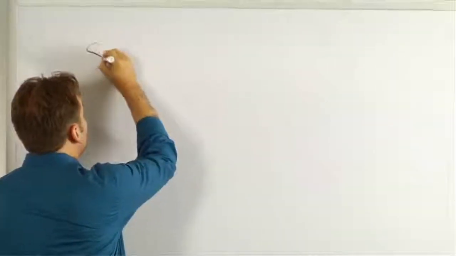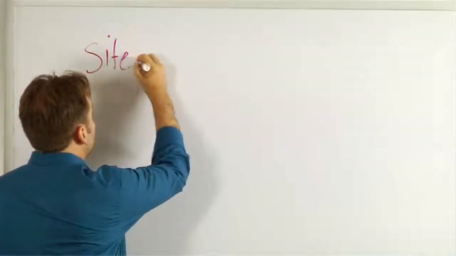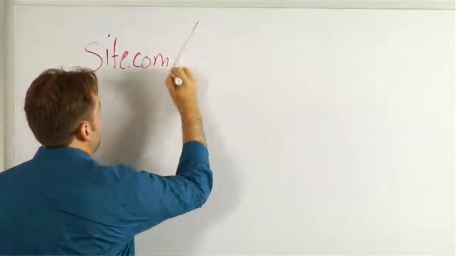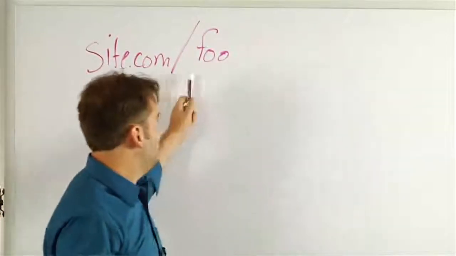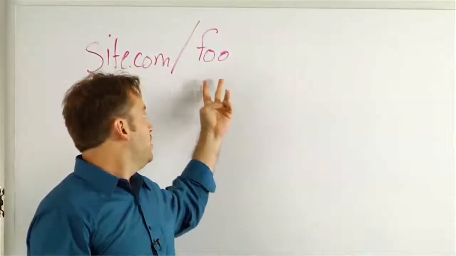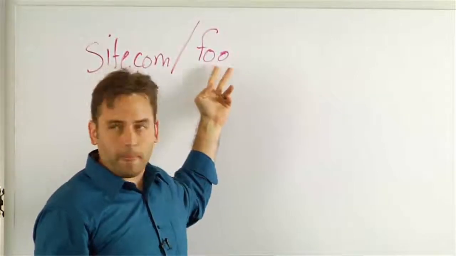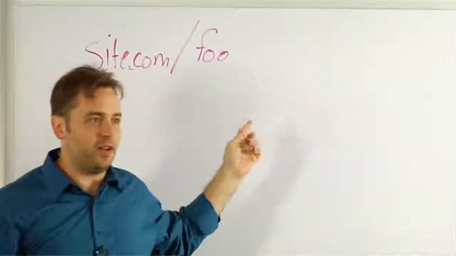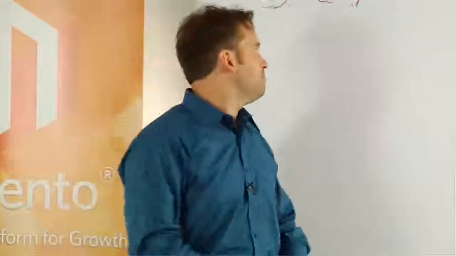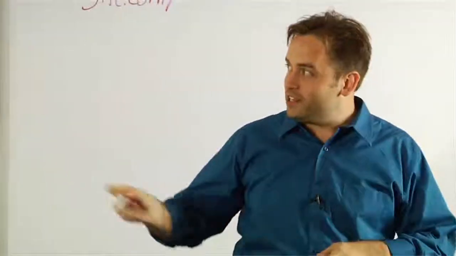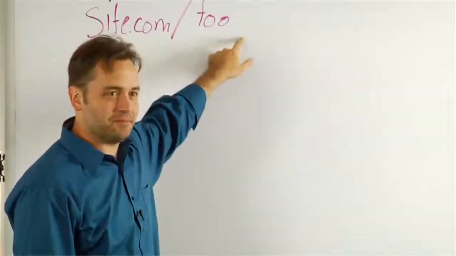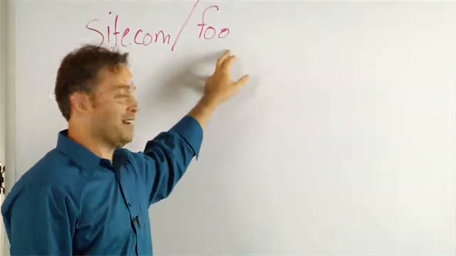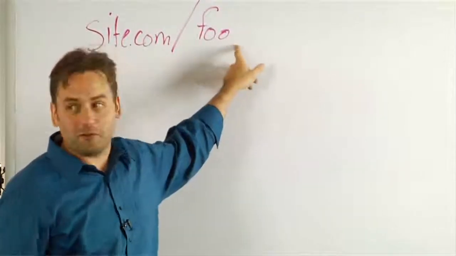So I can now go to site.com, and the system will know what to do with my request, because this is my front name. And it's my front name because I said it was my front name. If I change that value in front name to anything else, I would need to access my module through whatever new value I put in there.